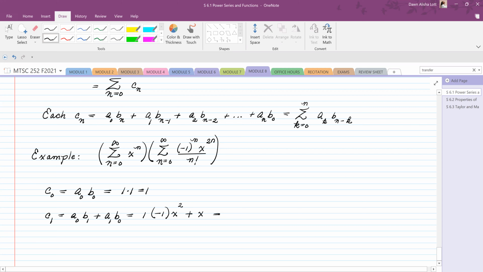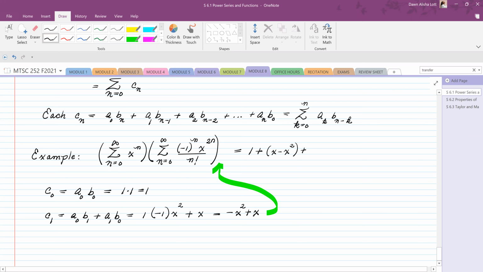So just the first term is minus x squared plus x. So far, we only did 2 terms of the series. And we know it's 1 plus x minus x squared.